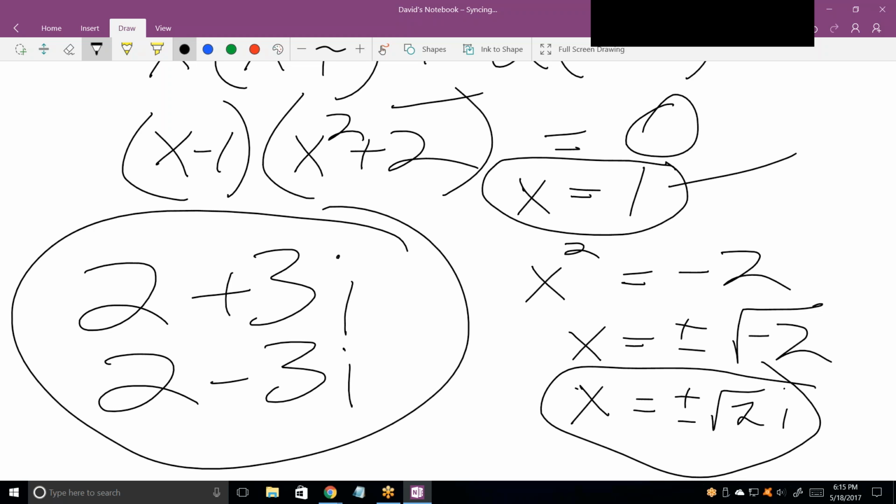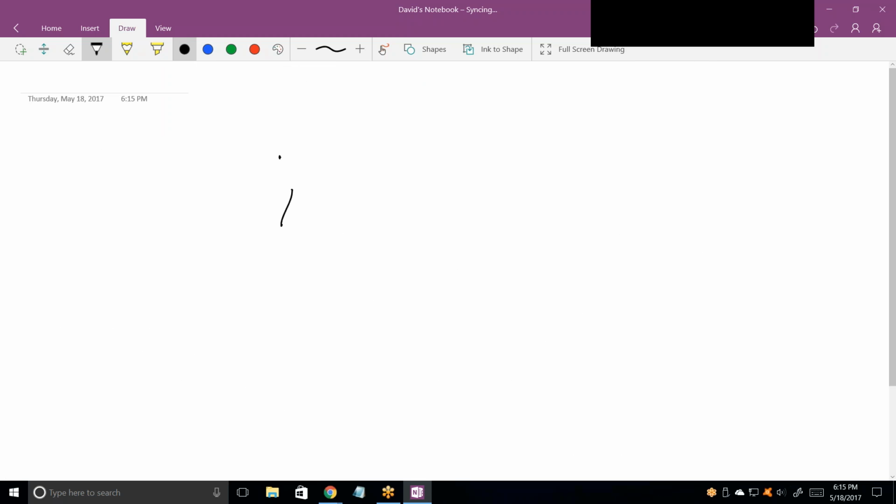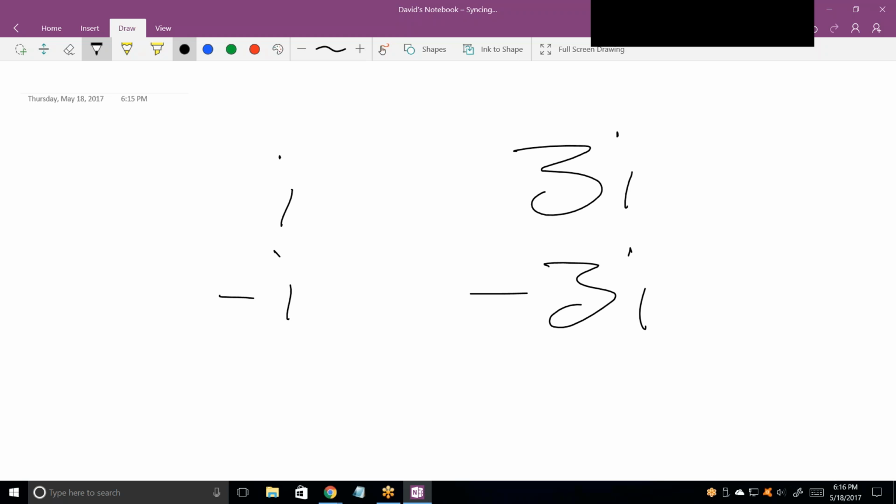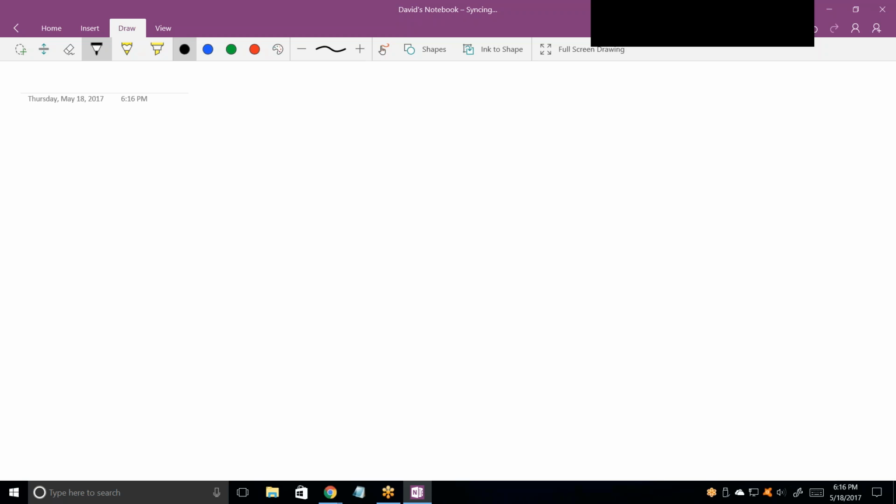They not only come in pairs, they always come in conjugates. So if i was a solution, then minus i is a solution. If 3i was a solution, then minus 3i is a solution. Okay.